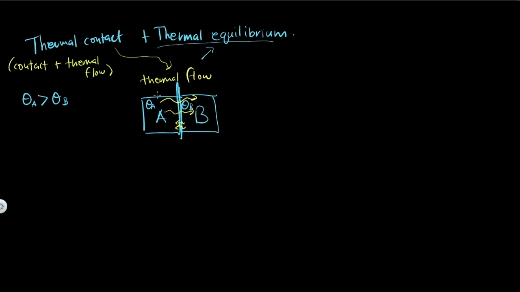So thermal equilibrium: when two objects are in thermal contact, at one point, they will reach one situation where theta A equals theta B. Initially A is hotter than B, so most of the heat flows from A to B, and some will flow from B to A.